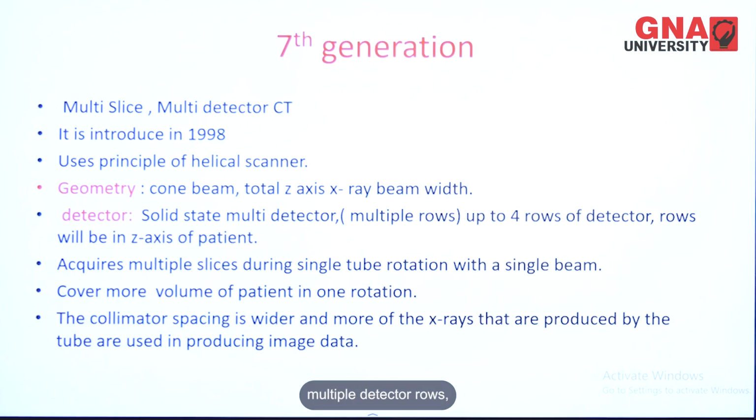As we are using multiple detector rows, during one single tube rotation we will be able to acquire multiple slices, and we will cover more volume of the patient than the earlier 6th generation. The collimator spacing is wide and more of the X-rays that are produced by the tube are used in producing the image data.